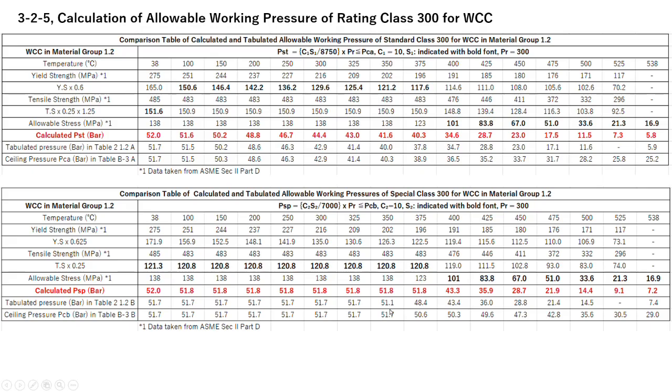And 350 is something lower, and 400 degrees Celsius over temperature with calculated PSP is almost same as number indicated for tabulated pressure.